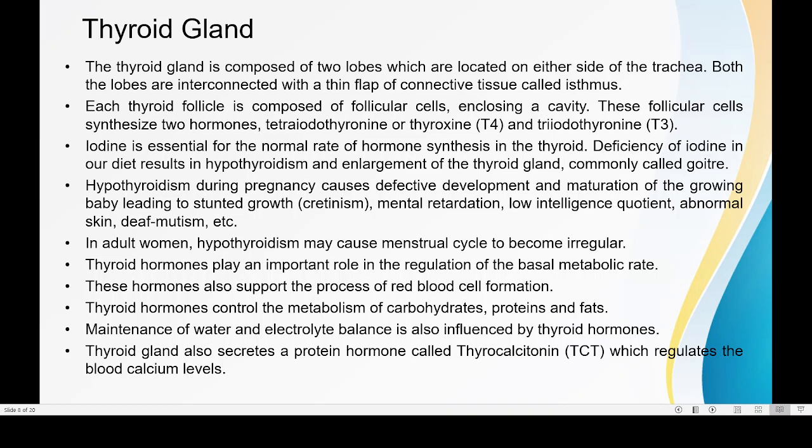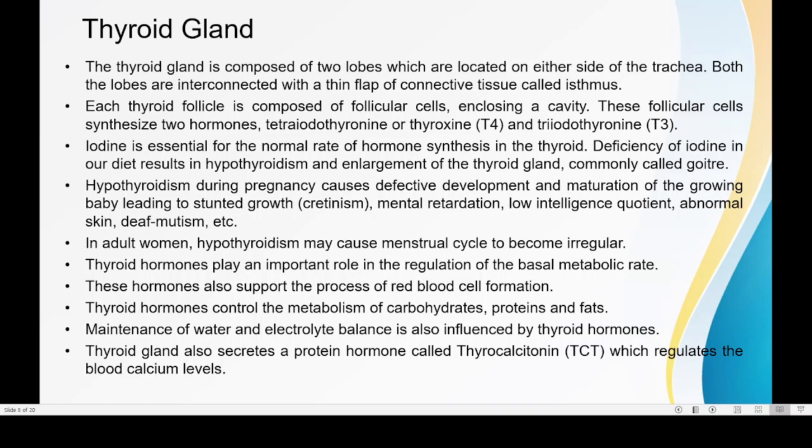Each thyroid gland is composed of follicular cells, and there is a cavity inside. This is known as the cavity. I will enlarge this one. This is the follicle, and inside the follicle there is a follicular cavity. What you are seeing below is an enlarged view of the thyroid gland.